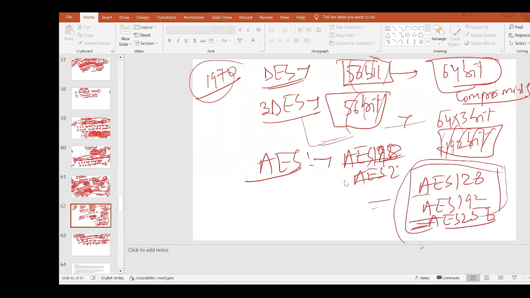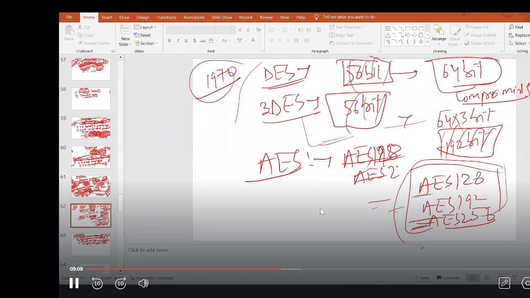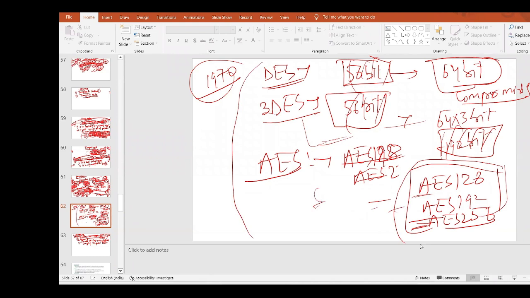It is very advanced and not compromised. So these are all encryption methods, guys. Encryption methods are used for encrypting the packet.